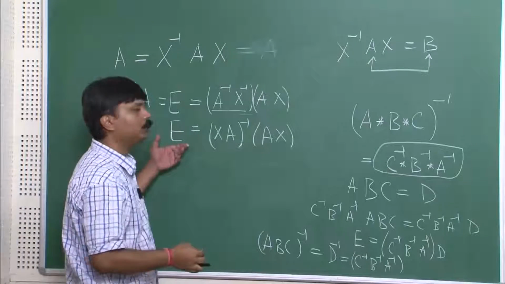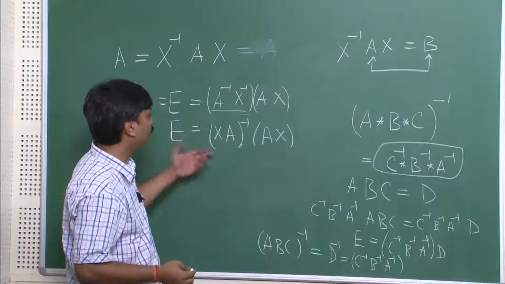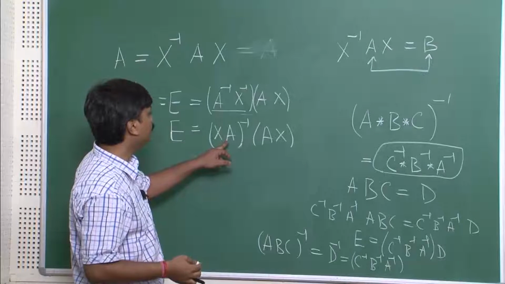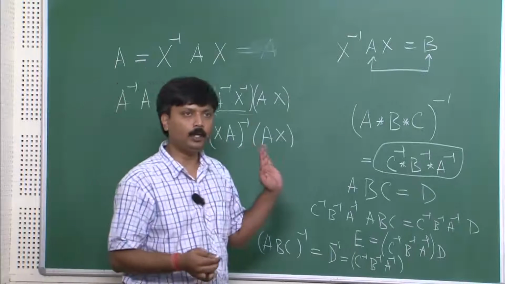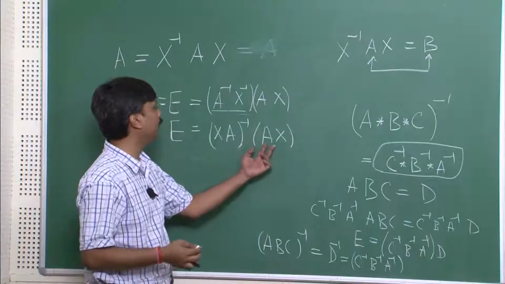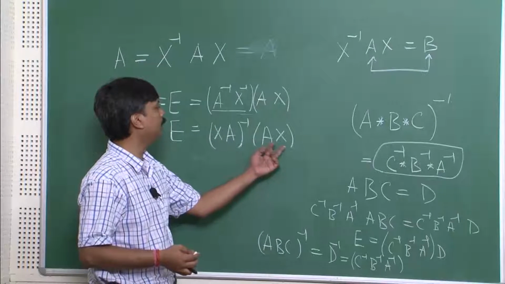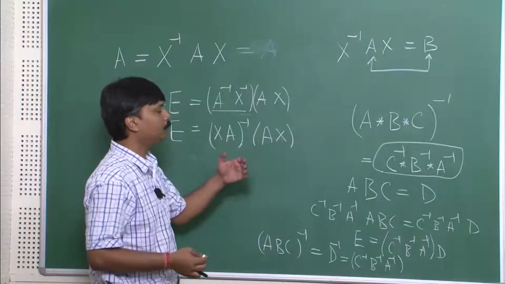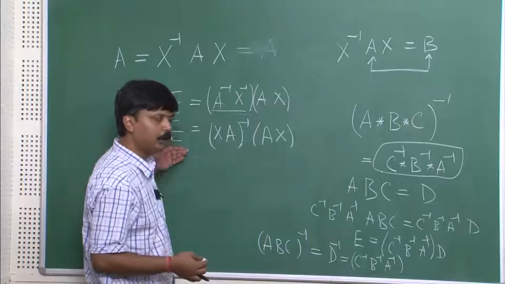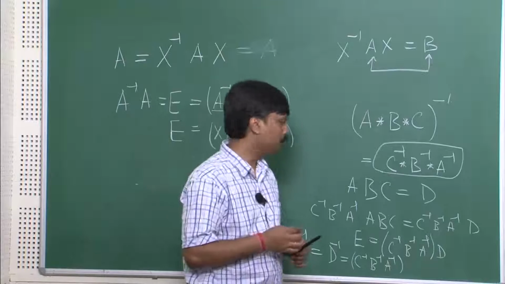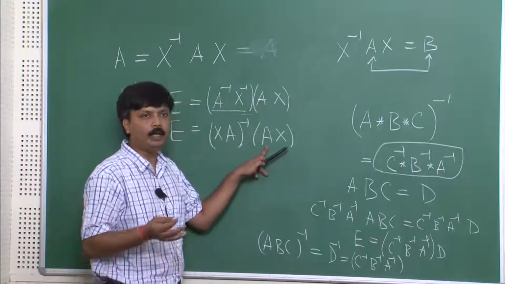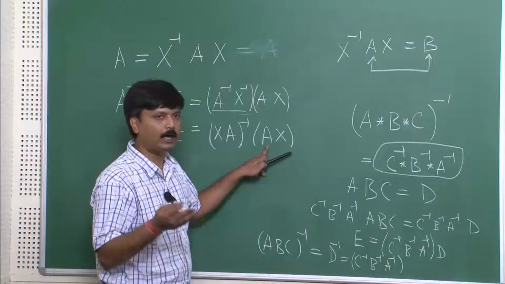Now this is only possible when this X and A commute. Okay. So only if it commutes, then I can write it like X A, correct? So in that case, obviously I have this one. So for one element A, I can always have E, identity. Okay.